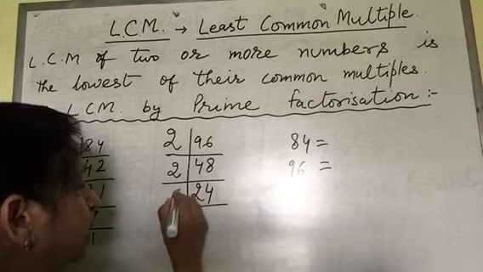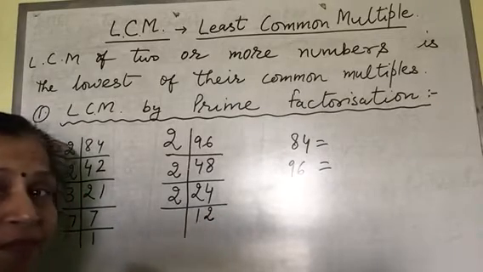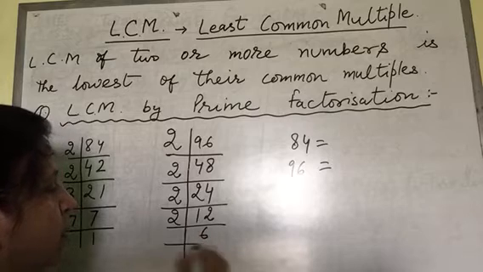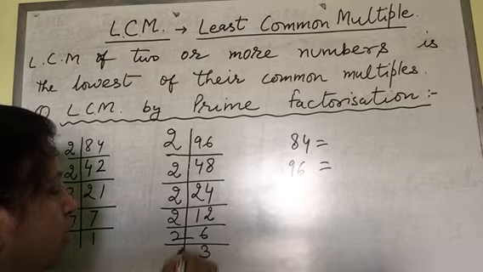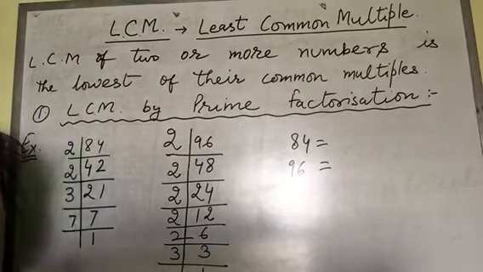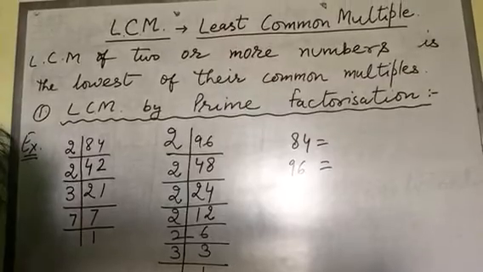So again I divide it by 2. 12 is an even number. Again it is divided by 2. 2 6s are 12. And 2 3s are 6, last में 3 बचेगा, 3 1s are 3. तो जब तक नीचे 1 नहीं आ जाता तब तक हम इसको कंटिन्यू करते हैं.